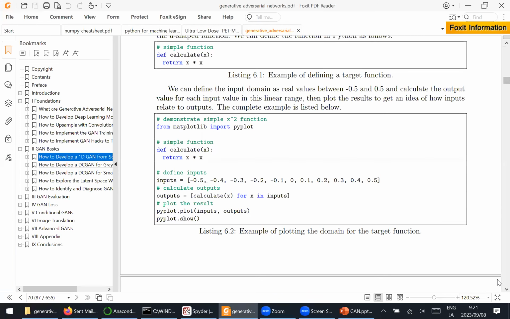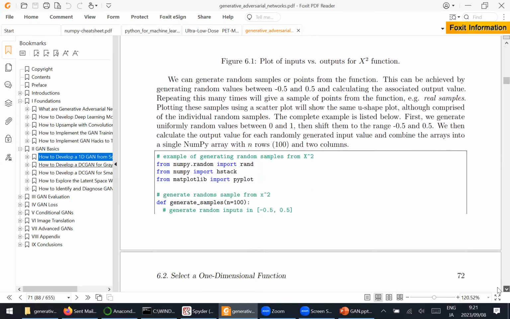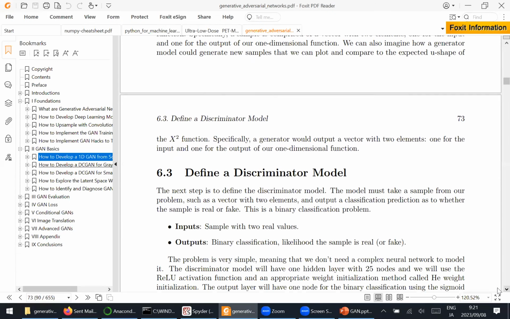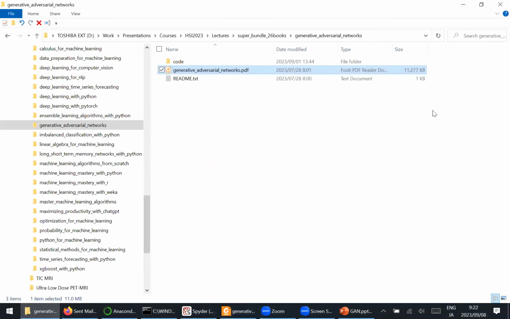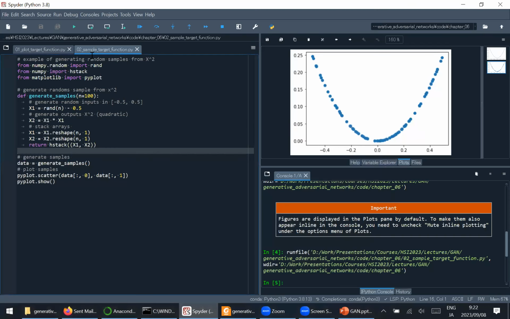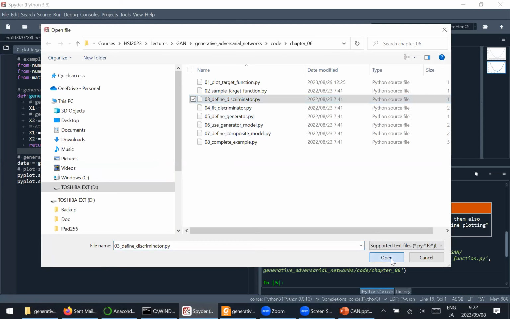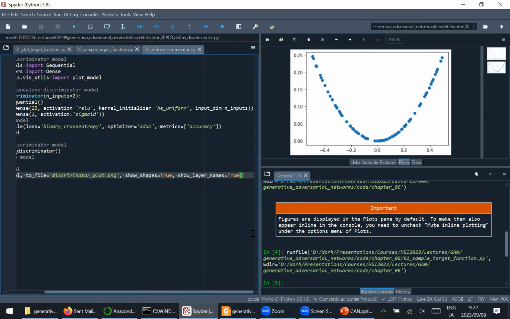And we're going to make a plot like this. This is our function. We did that. And then first we're going to define a discriminator. So the next step, define a discriminator.